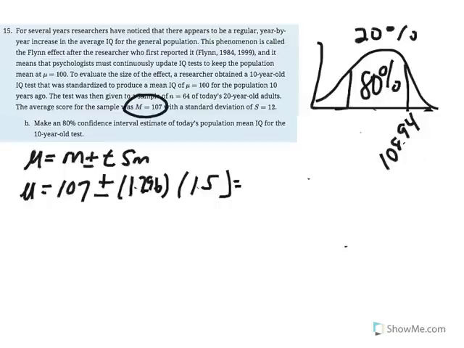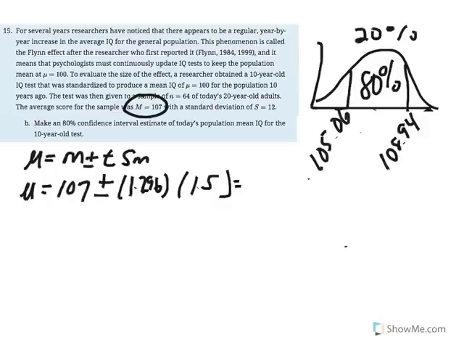And then if we take negative 1.296 multiplied by 1.5 added to 107, we get 105.06 if we round.